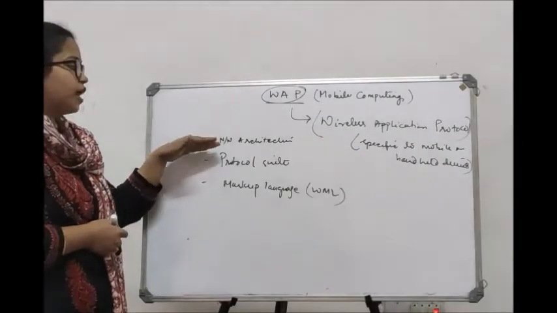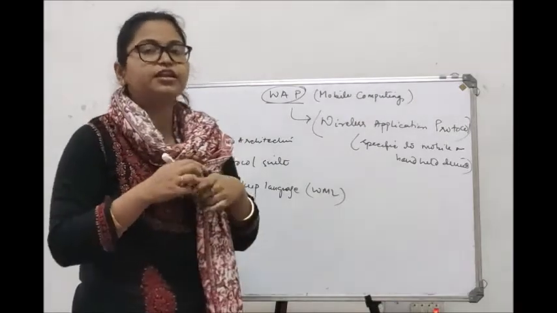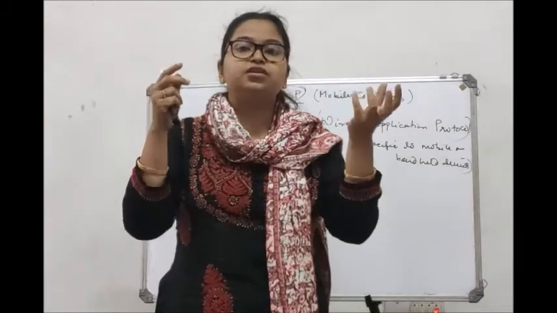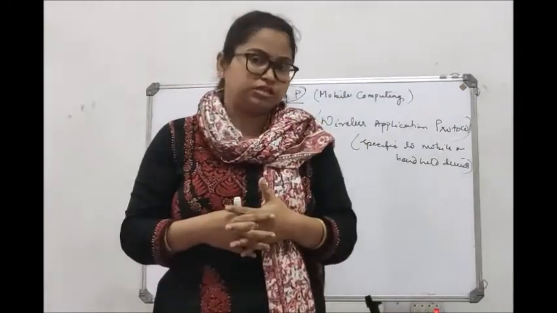First we have to understand what the architecture is. By network architecture, we mean how the application layer behaves, how client-server programming happens. The underlying layers we do not discuss much.